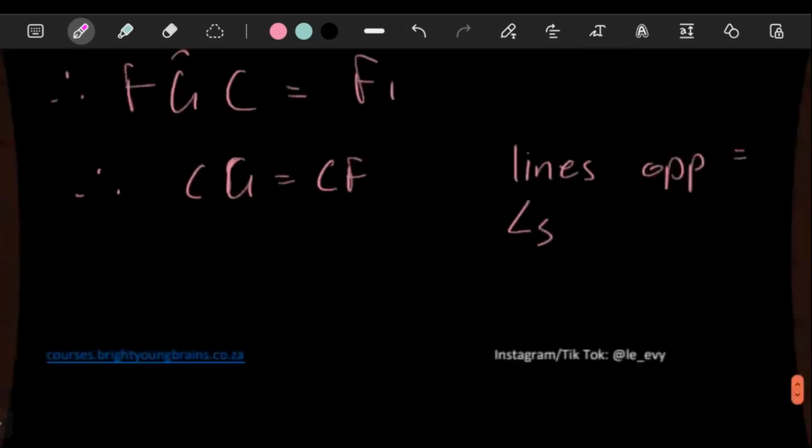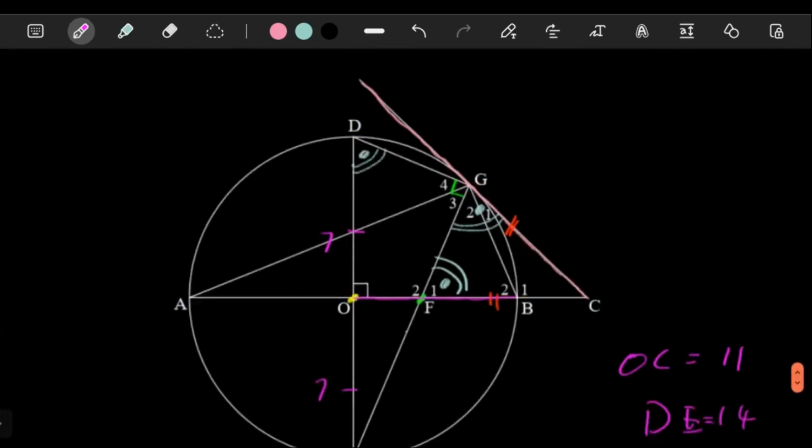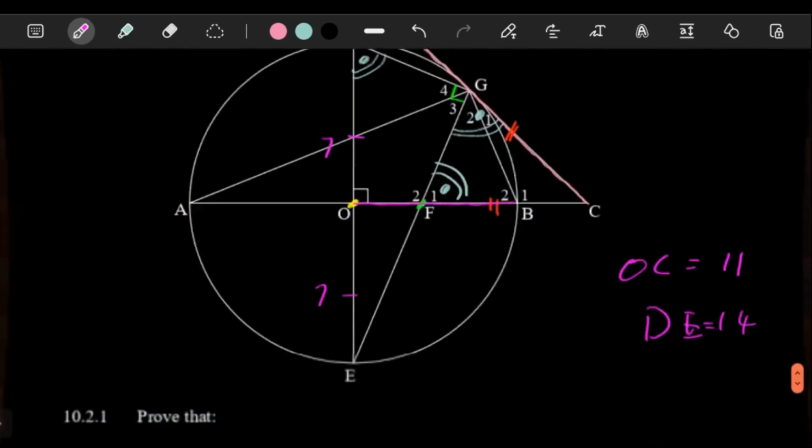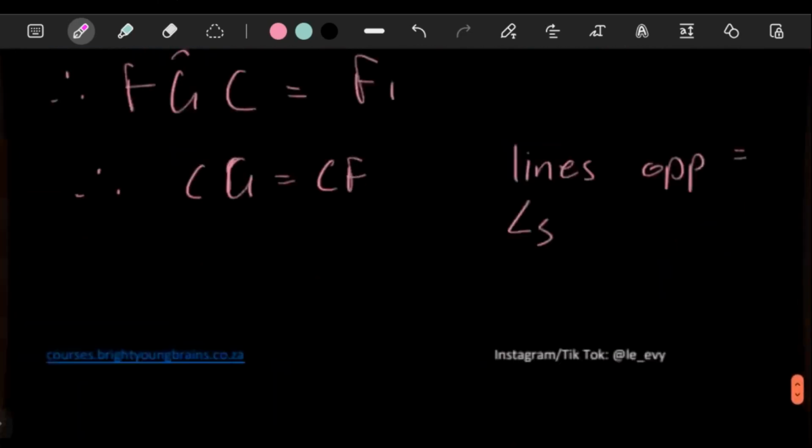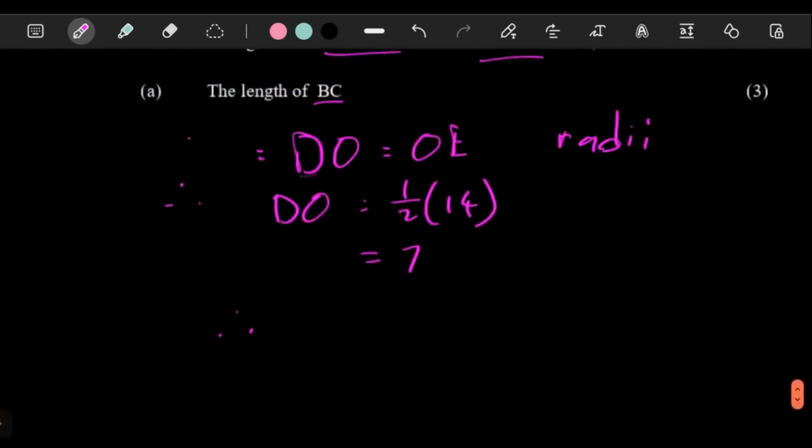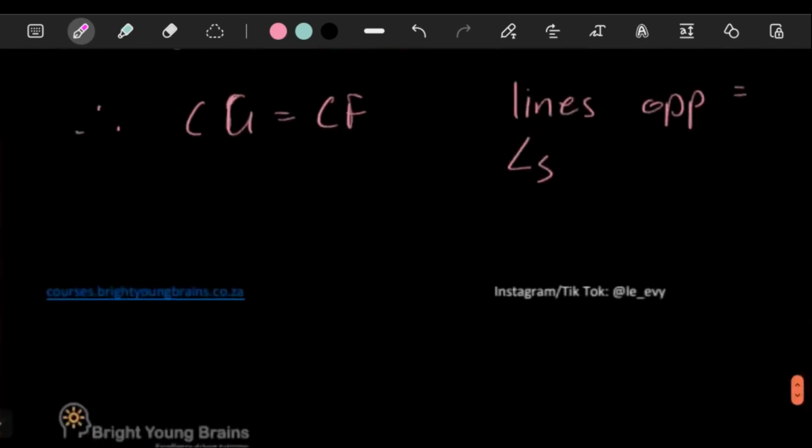Let's just state that all three are equal: DO, OE, and OB, because they are radii. And then we can say that this is equal to half of 14, so this is equal to 7. So they are all the radius. We have shown that one of the radii is equal to 7, so it means OB is also equal to 7.